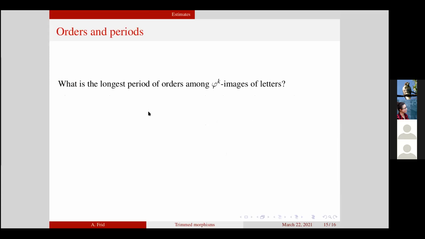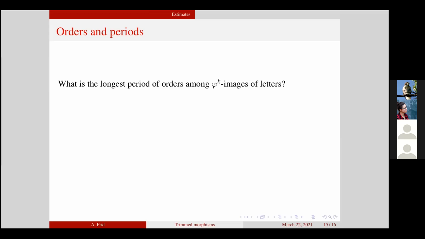So the next question, which can be interesting, is what is the longest period of these orders if you take the powers of the same morphism? What is the period of orders? We have seen a period equal to 4. Can it be longer over 3 letters or not?